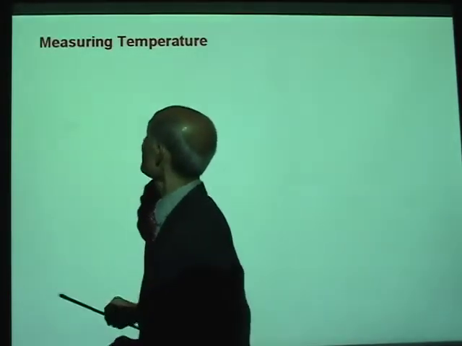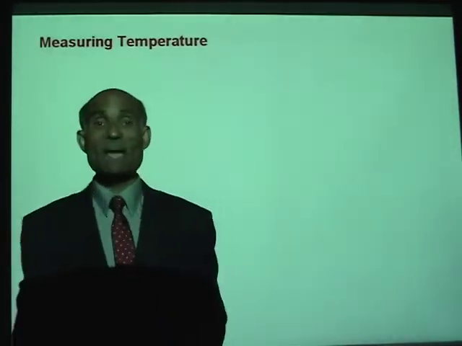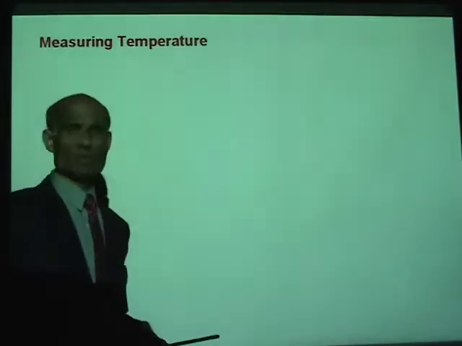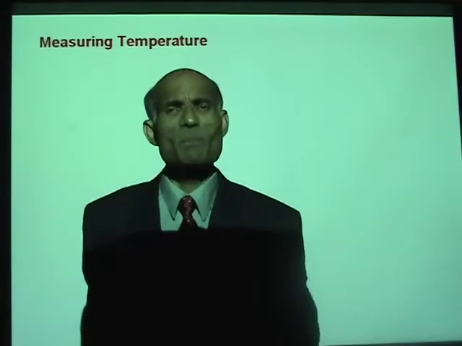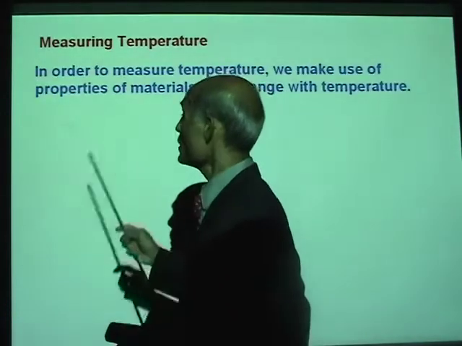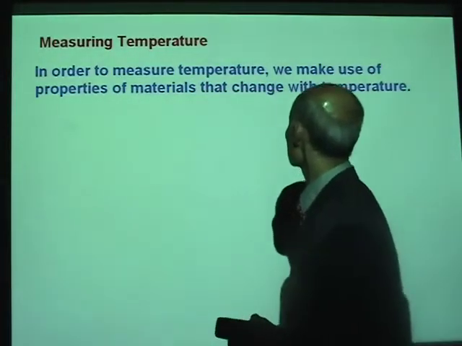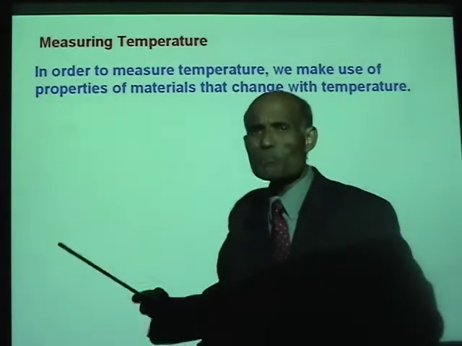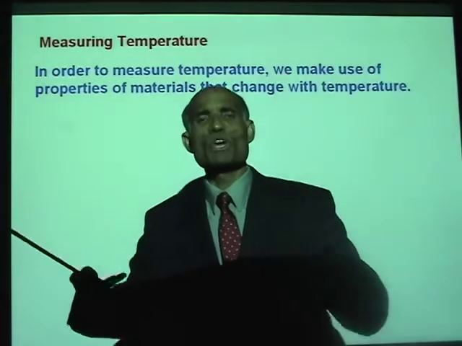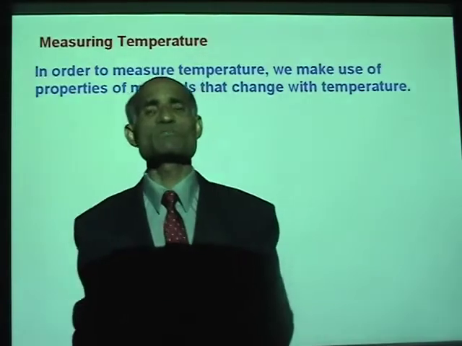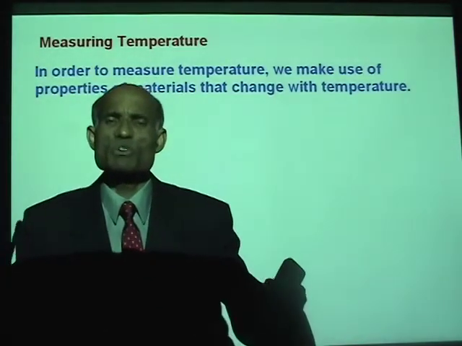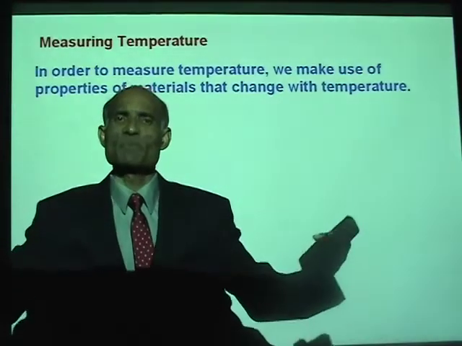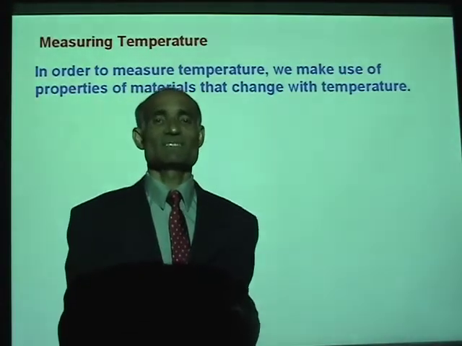Alright, let's move on. Let's talk about measuring temperature. Well, we all know we measure temperature using a thermometer. Is that right? In order to measure temperature, we make use of properties of materials when heat is supplied to an object. Now tell me some properties of materials that will change when you supply heat.